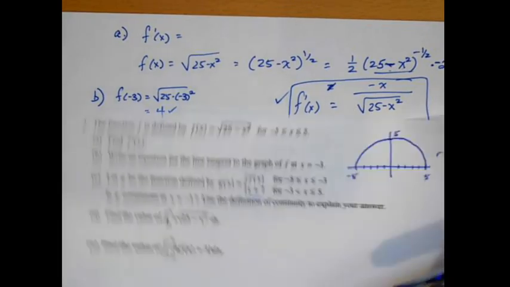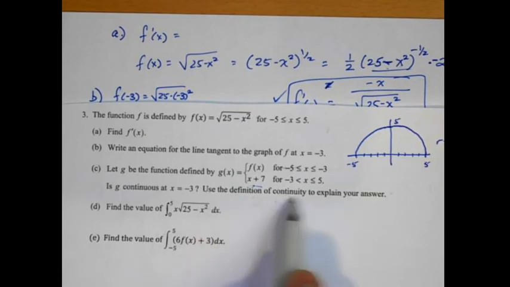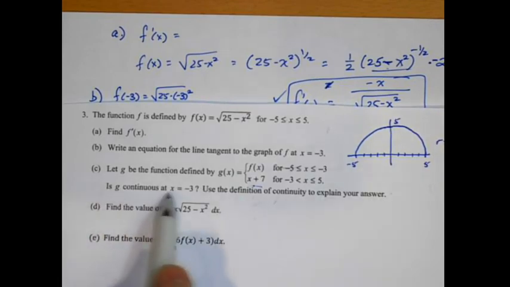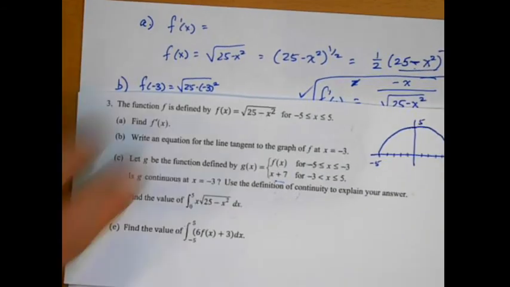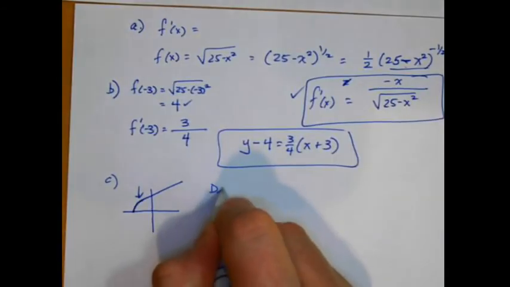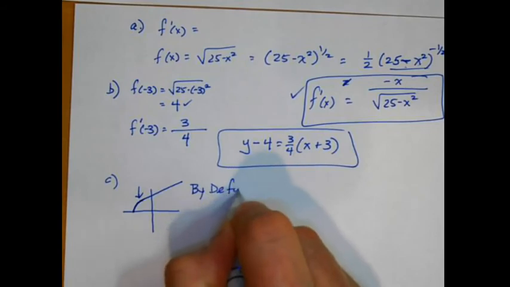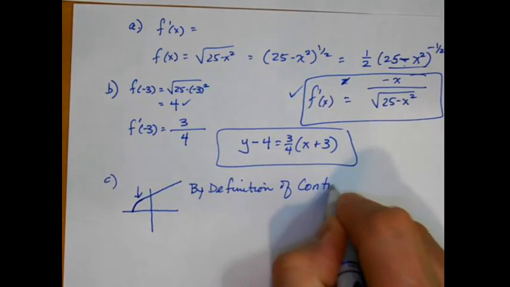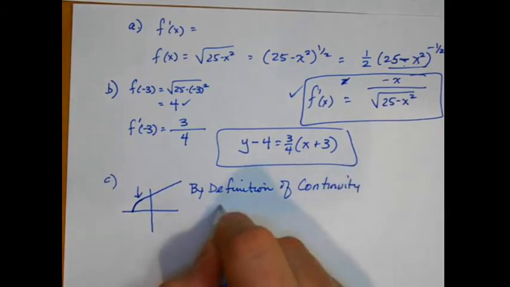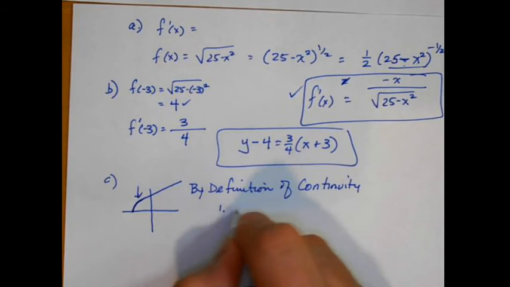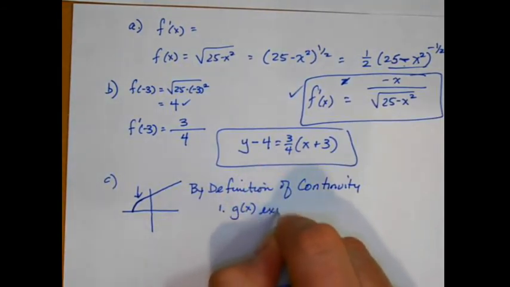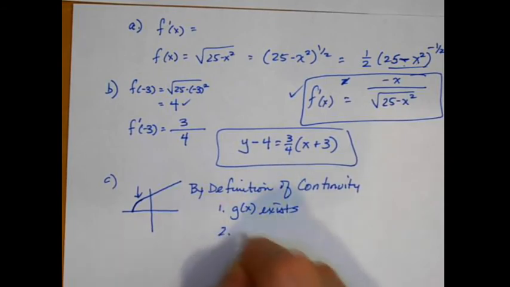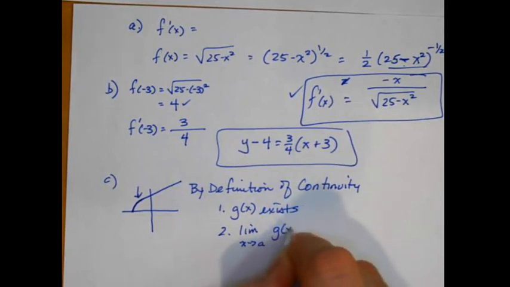So it's asking you, use the definition of continuity to explain your answer. Is g continuous at x equals negative 3? Well, by definition of continuity: 1, we have to see if g of a exists. 2, we need to see if the limit as x approaches a of g of x exists.